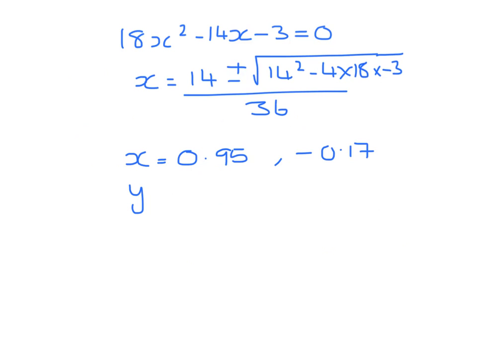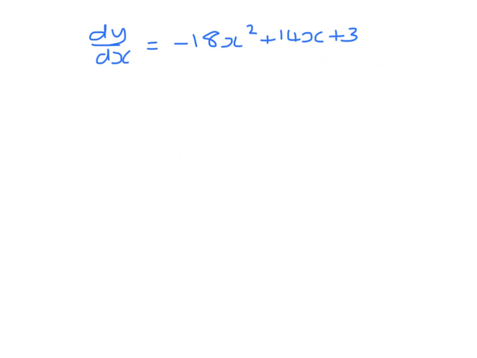For each of these values, we need to substitute that back into the original equation and find a y coordinate, which gives 8.05 and negative 0.56. First differential is used for finding the turning points. The second differential, which will be minus 36x plus 14, is used to determine their nature.